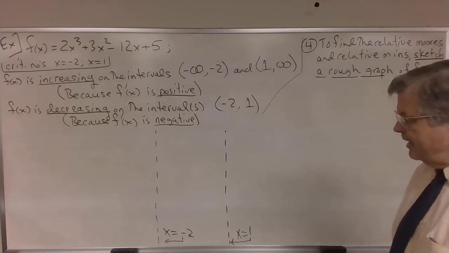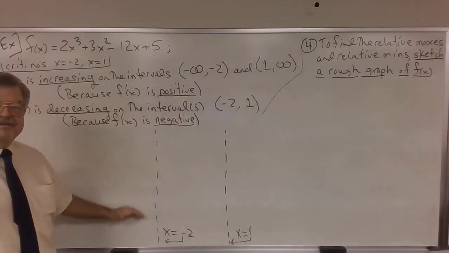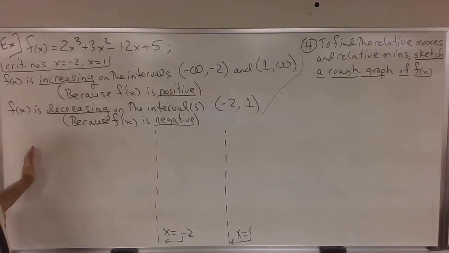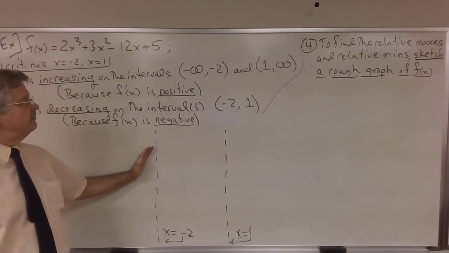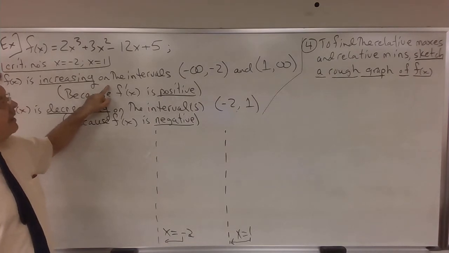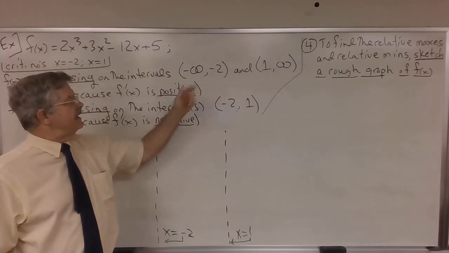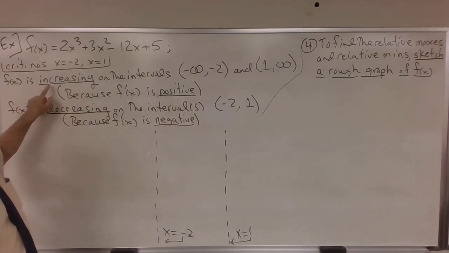Now, over here to the left of x equal -2, from -infinity to -2 on the x-axis, what's f of x doing? Isn't it true that from -infinity to -2 on the x-axis, right over here, f of x is increasing?